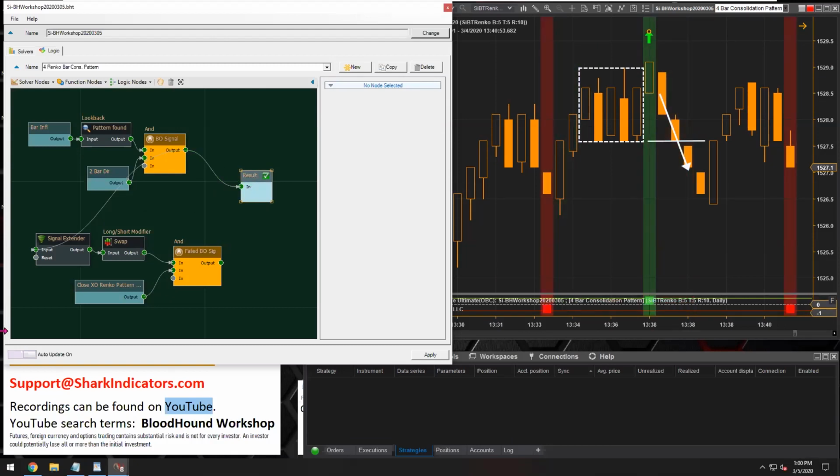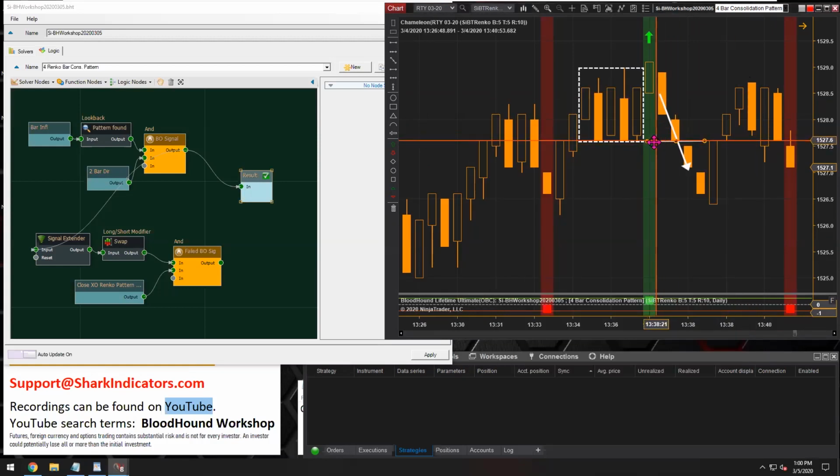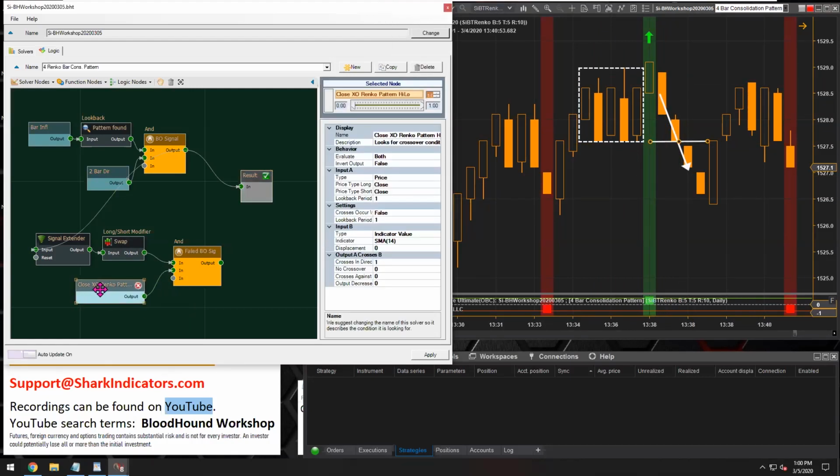So yes, all right. Richard just wants to modify things a little bit. So instead of using the literal price here, instead of trying to find the literal price, Richard wants to modify this and just count the number of bars down. So, all right, let's disconnect this crossover solver here.